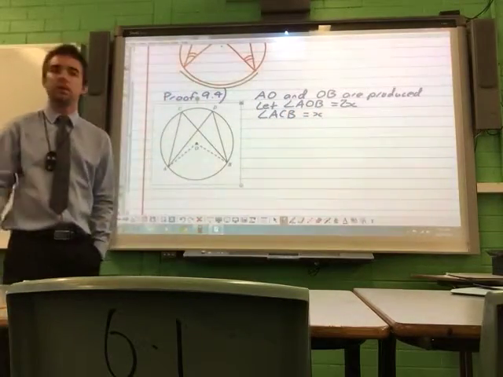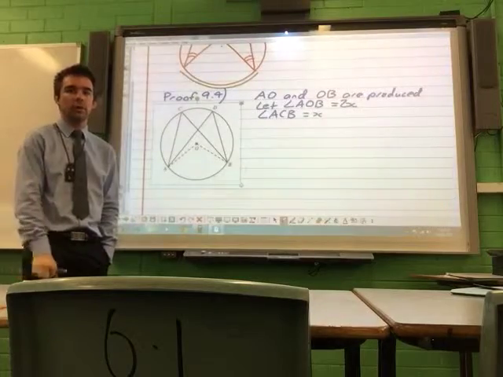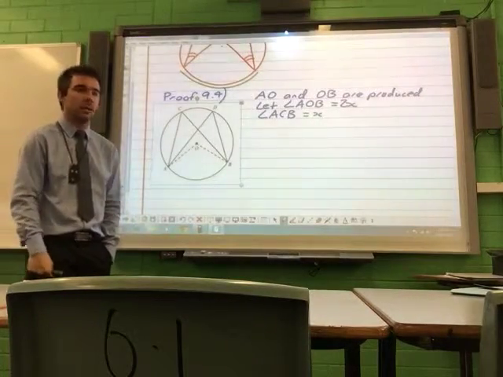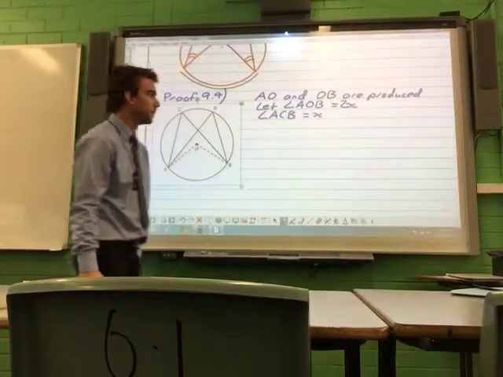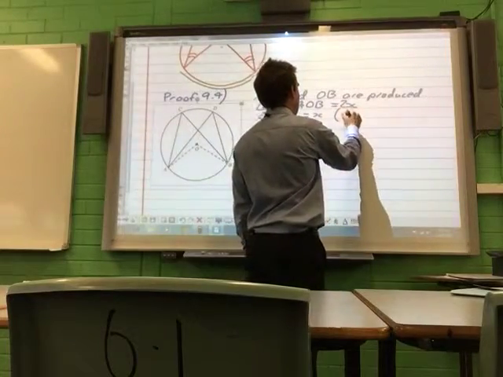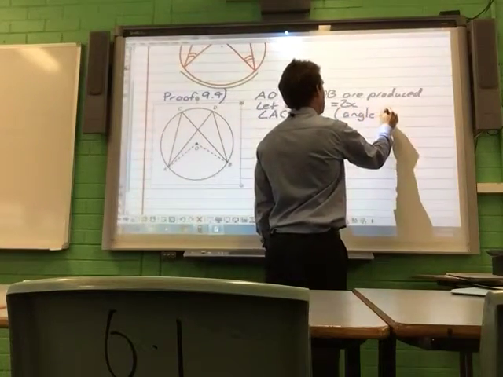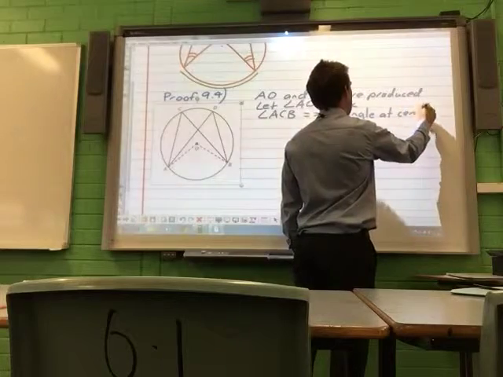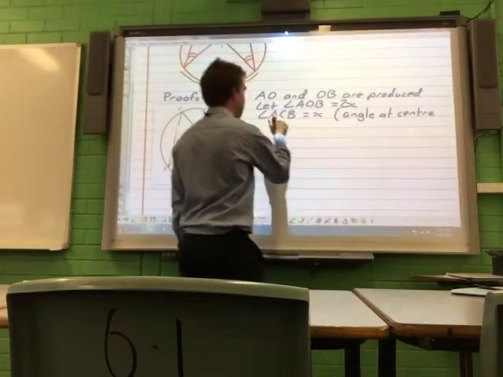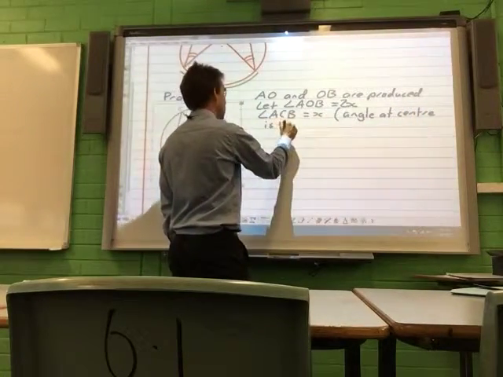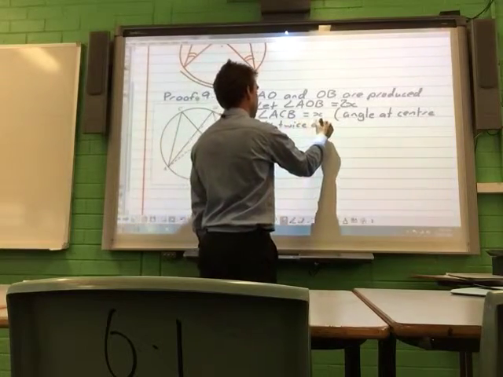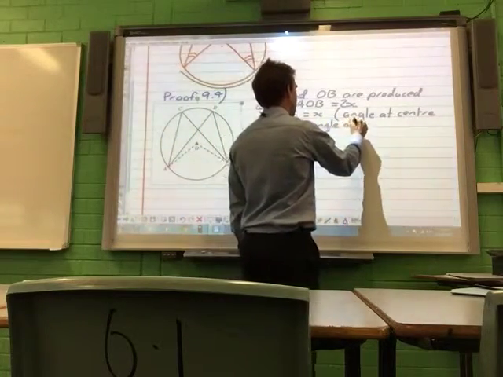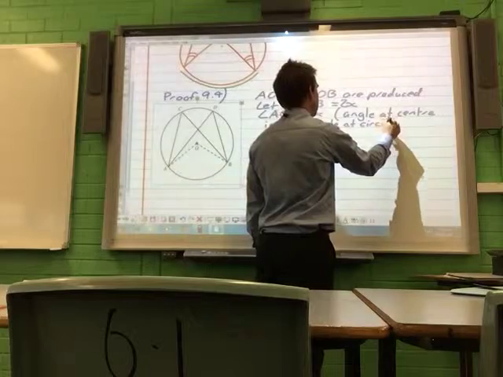When we are deductive reasoning or proving, we need to state a reason each step. So this one's what we did yesterday. Angle at centre is twice angle at circumference.